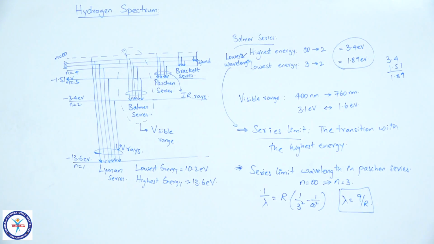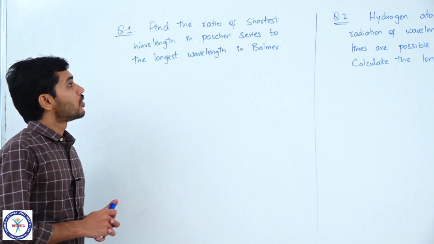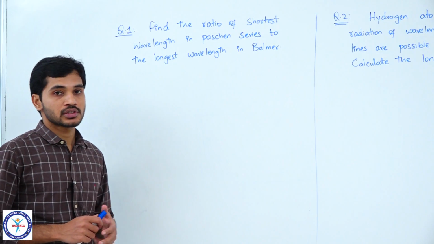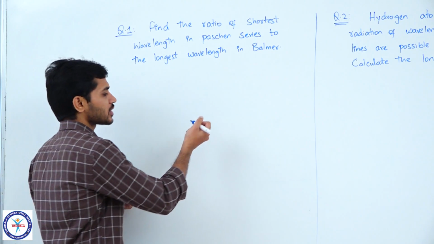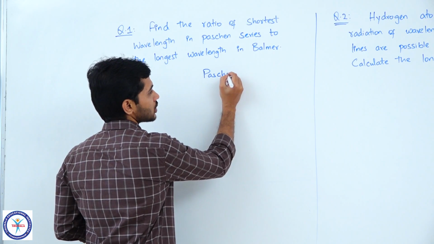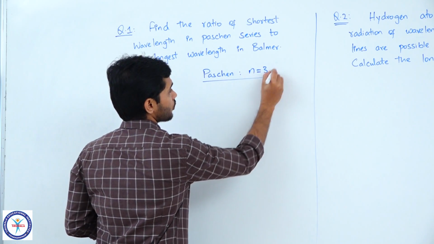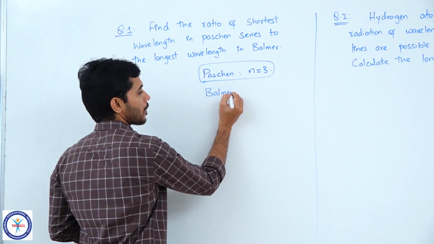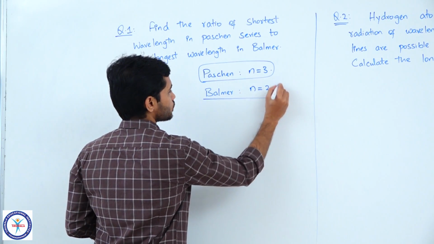Okay, so let us see a question now. Find the ratio of the shortest wavelength in Paschen series to the longest wavelength in Balmer series. Paschen series basically means all transitions to n is equal to 3, and similarly Balmer series means all transitions to n is equal to 2.